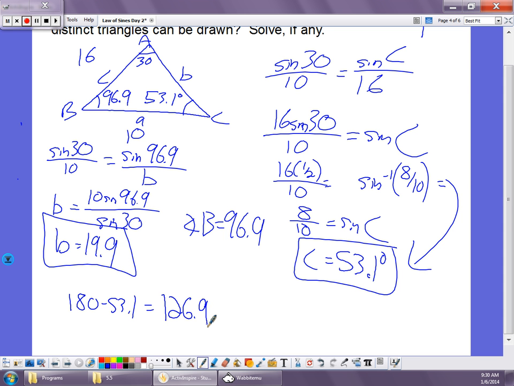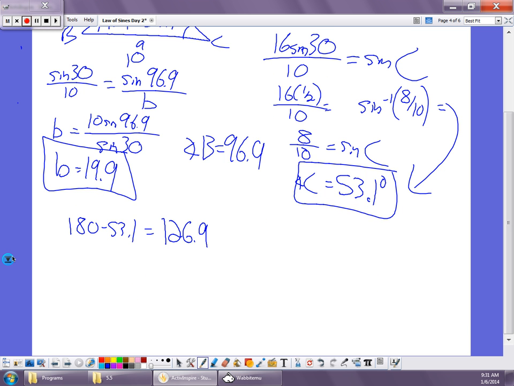And now that's your new angle C. So this is your second angle C. All right. So now you have a second angle C, so you have to solve for angle B and side B again.